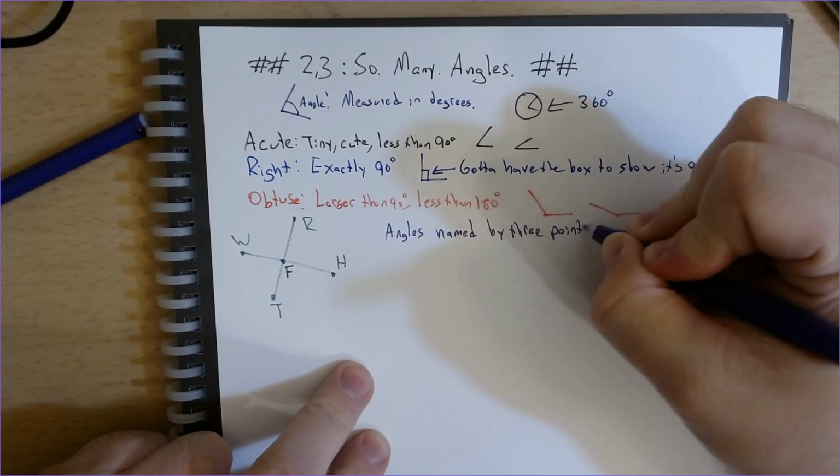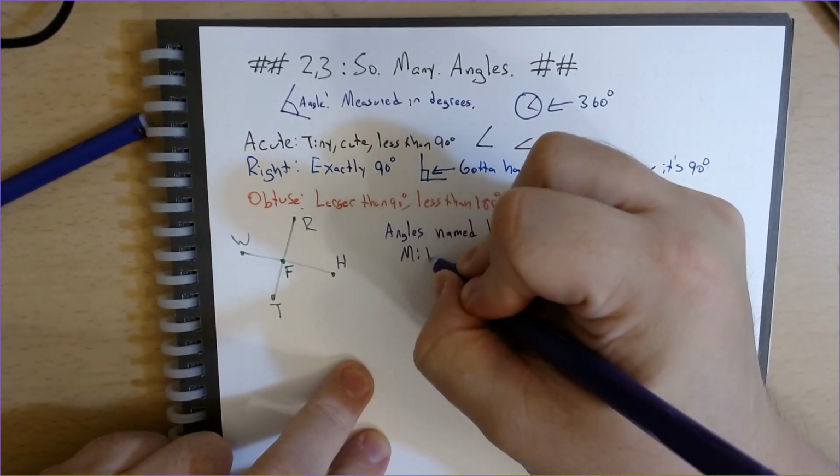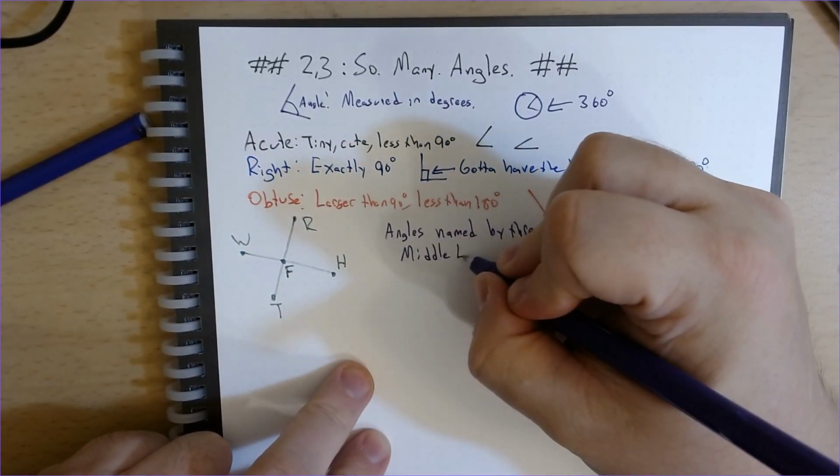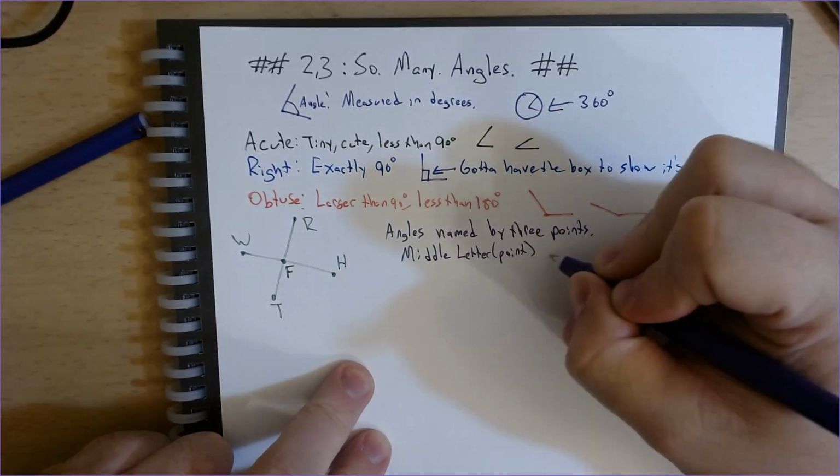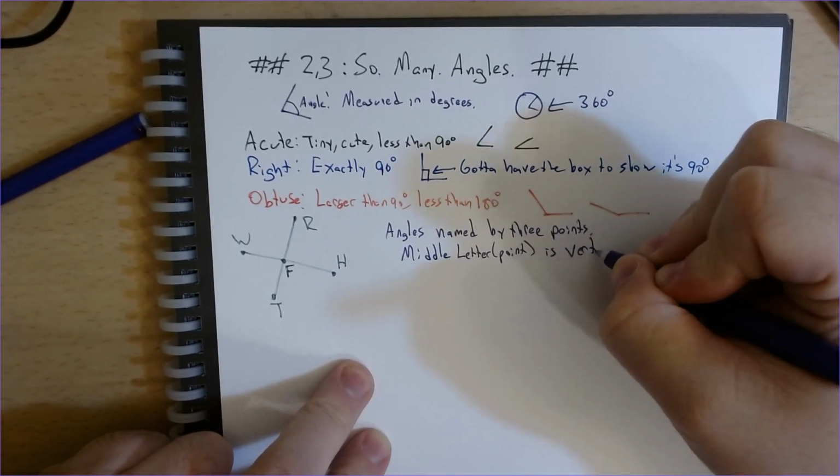The middle letter or point is the vertex, which is the corner.